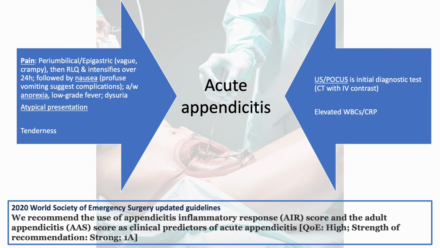Now, ultrasound or POCUS is suggested to be the initial diagnostic test. It has a lot of advantages, quick and easy and no side effects, and it can give you the diagnosis. But if in doubt or if you're thinking about complications, CT abdomen with IV contrast is the diagnostic test of choice. Other diagnostic labs include elevation of the common inflammatory markers like white blood cells and CRP.